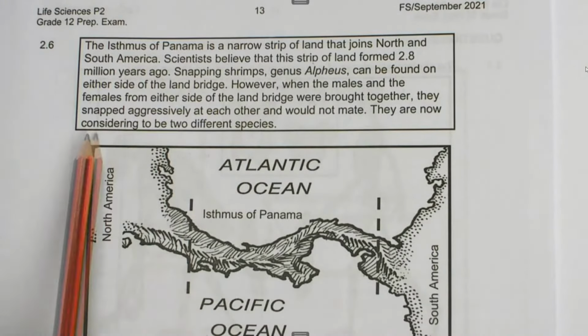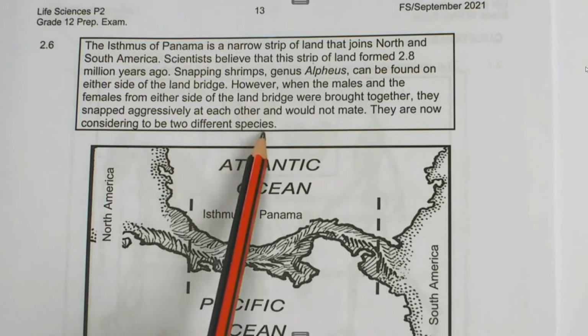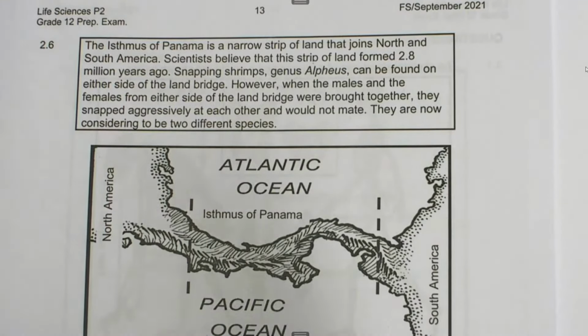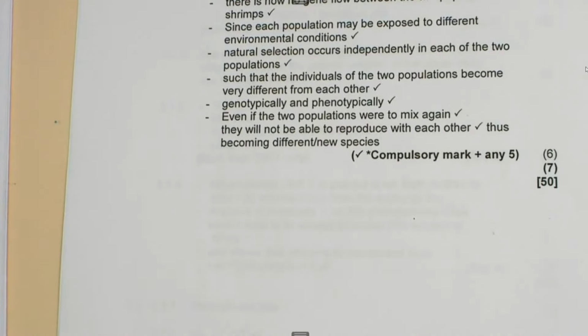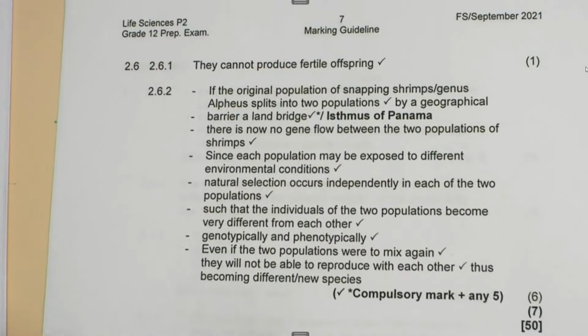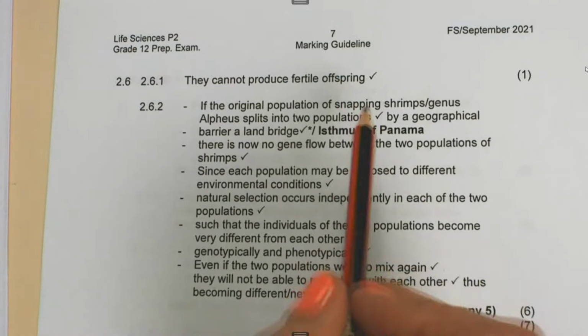They are now considered to be different species. So this is speciation, and now we have to apply the knowledge of speciation onto the diagram as shown here. The first thing, why is the inability to mate sufficient evidence to call the two groups different species? They cannot produce fertile offspring.